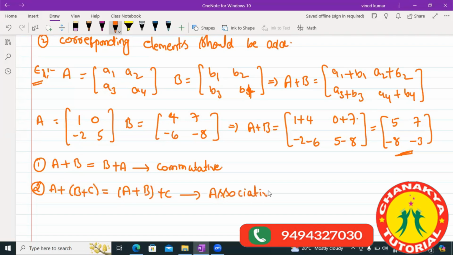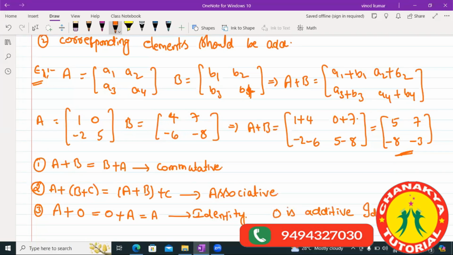And next, matrix addition satisfies the identity: A plus 0 equals 0 plus A equals A. 0 is the additive identity.